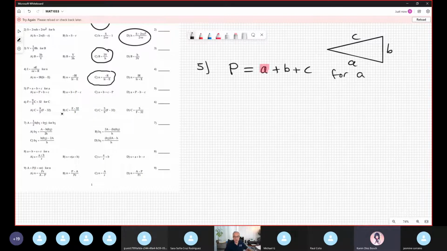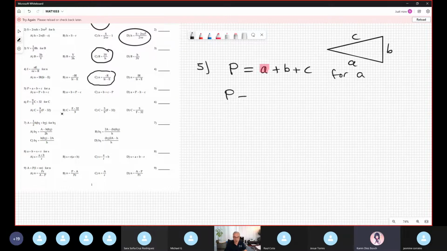Therefore, it's easy. Is it cross multiplication or no? No, because when it's plus or minus, no. You can just subtract the B and the C. Yes, of course. You subtract.